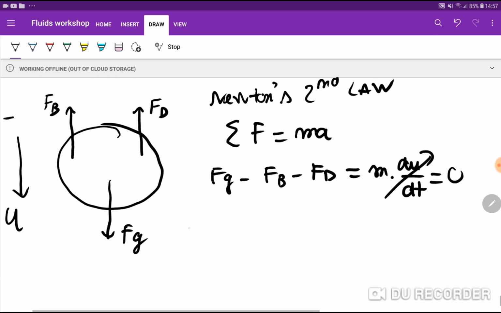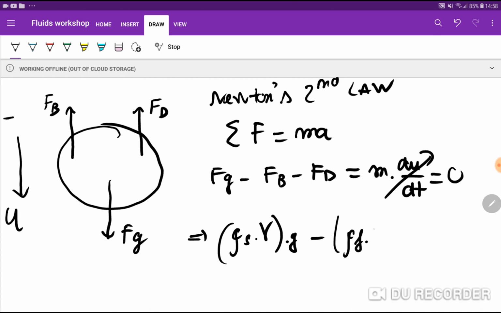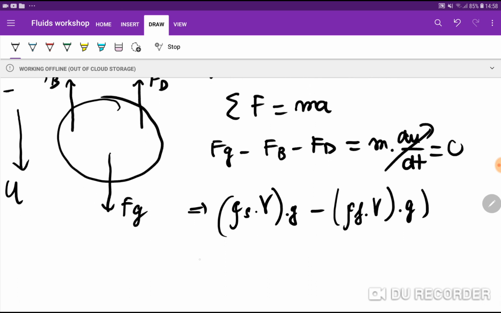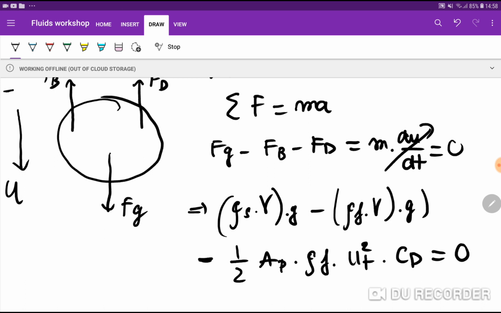Okay, what is Fg? Fg is rho s times V times g, minus what's Fb? Fb is the buoyancy, because of the fluid, so you have rho f times V times g. Okay, what is Fd? Fd is 1/2 Ap times rho f times ut squared times the drag coefficient. All this equals 0.